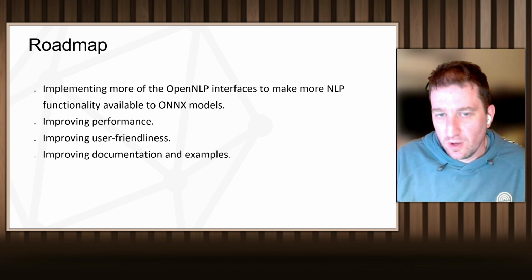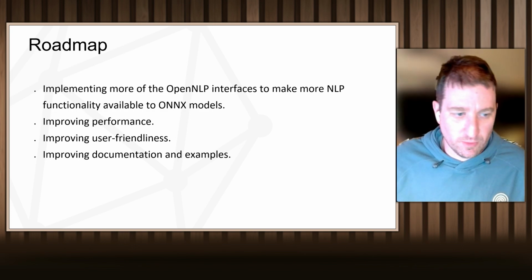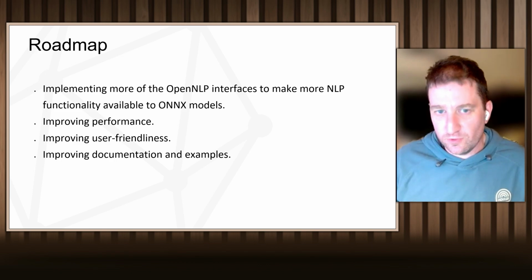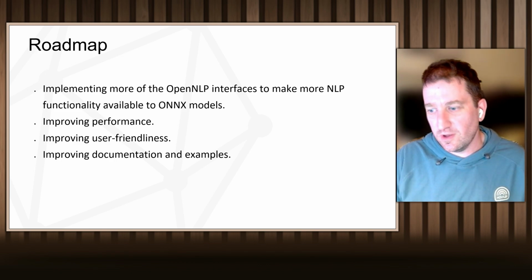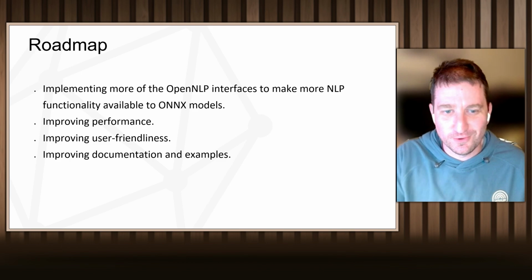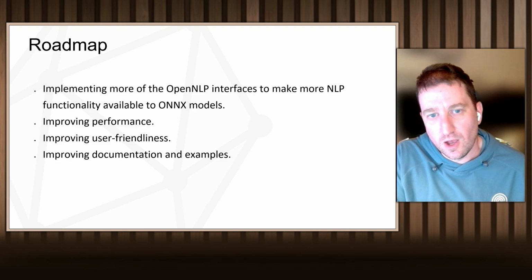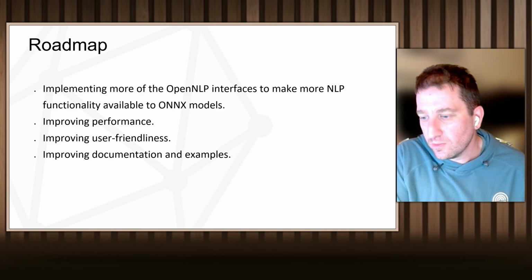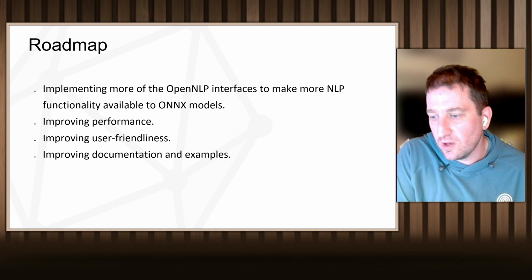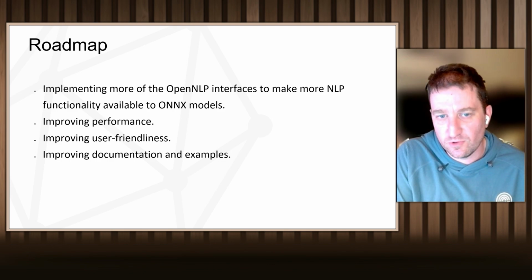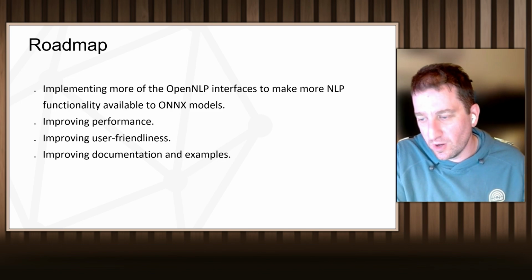So the roadmap. There's always work to be done in open source, and I'm always wanting to talk about it and evangelize it to get people who are interested or to find folks who like doing things. We're looking to implement more of the OpenNLP interfaces so that more of the NLP functionality can be available to ONNX models.